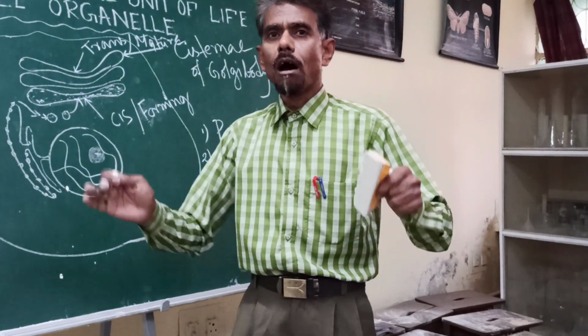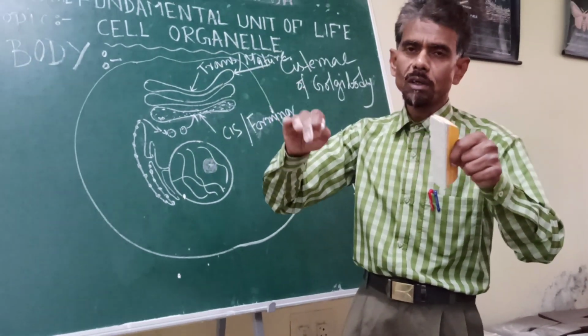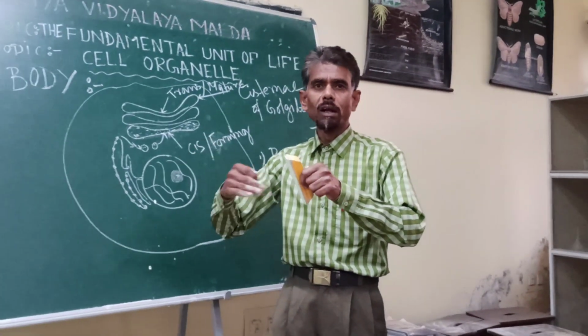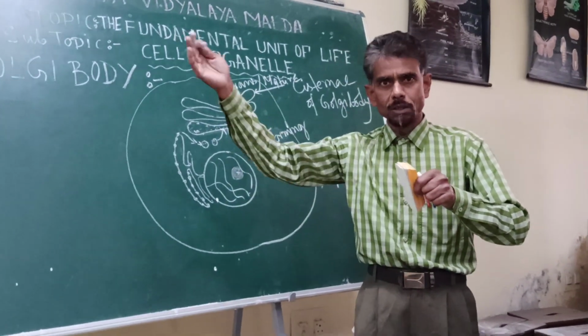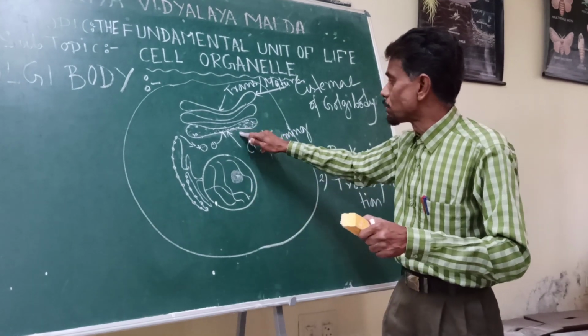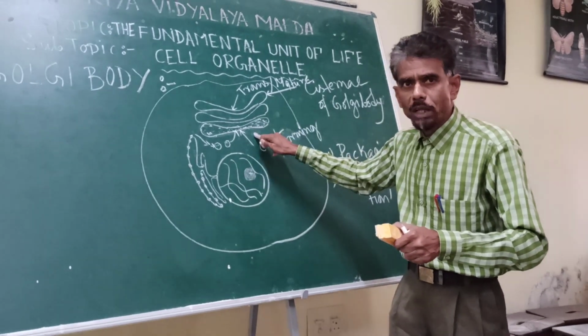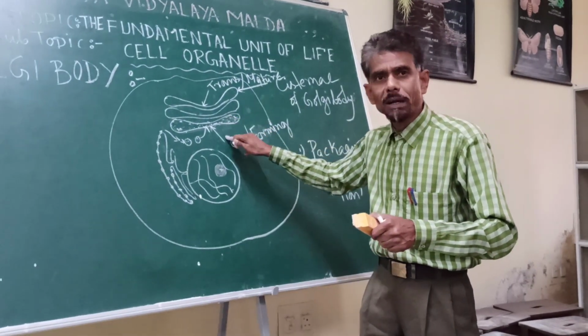A truck is now filled with the goods, that is the packaging, and now the truck will carry the goods to certain places, called transportation. Where will this material, the protein and lipid which is packed here, be transported?